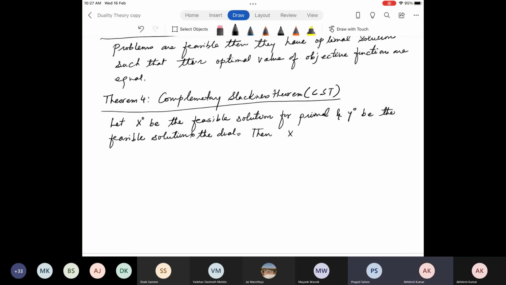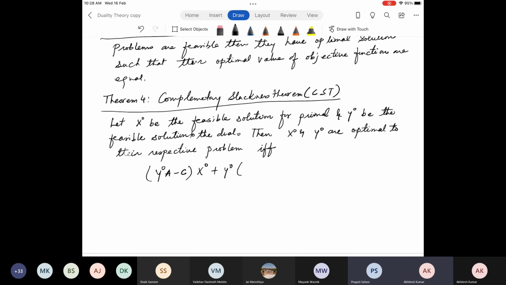Then X0 and Y0 are optimal to their respective problems if and only if (Y0A minus C) times X0 plus Y0 times (B minus AX0) equals 0.